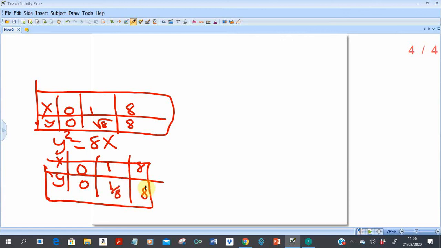So this is for x squared is equal to 8y. So we just get our coordinates and plot. Remember, these are parabolas, so they're not straight lines. So for the first one, we have 0, 0.